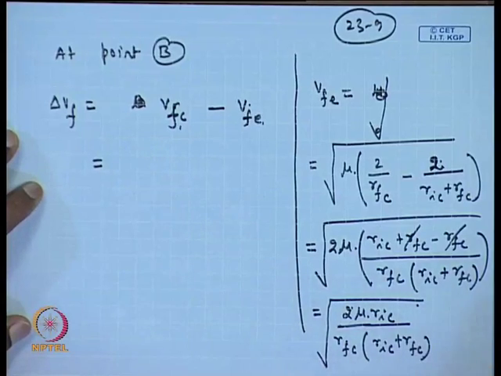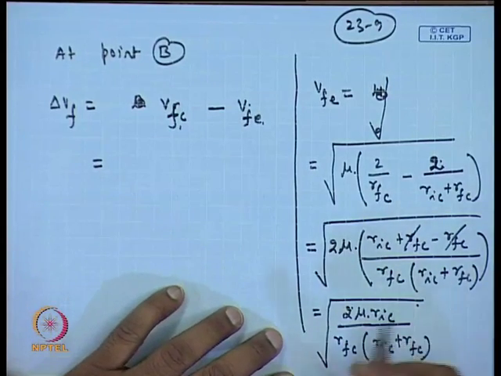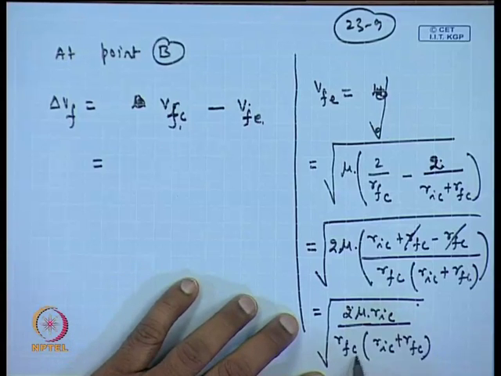So, this can be written as, we can divide R f c by R I c.